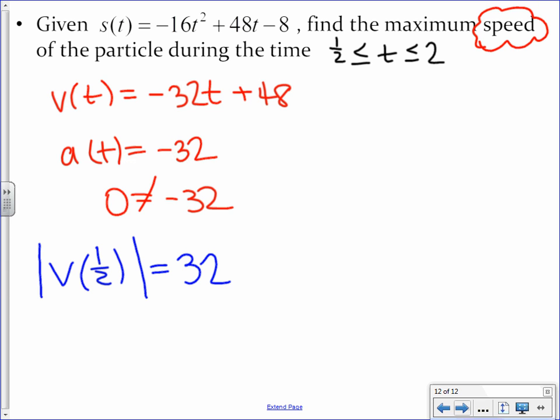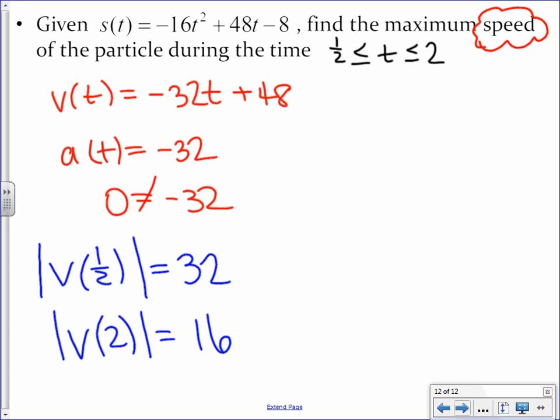Okay. And then the absolute value of our velocity at 2 would be negative 16, right? Okay, which means our speed is 16.